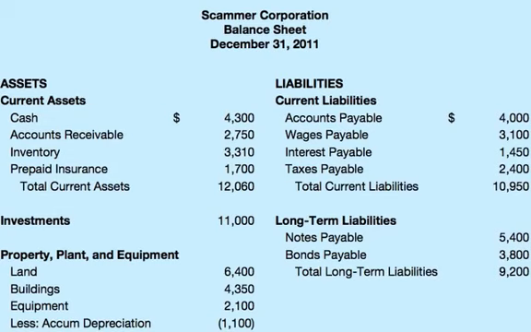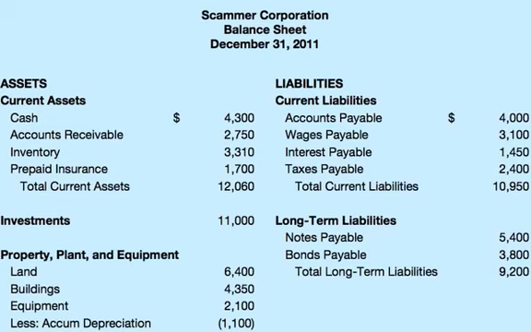The statement of cash flows and the income statement are both statements that cover a period of time, usually the last quarter or the last year, whereas the balance sheet is, like I said, just on any given day. It's a snapshot in time.